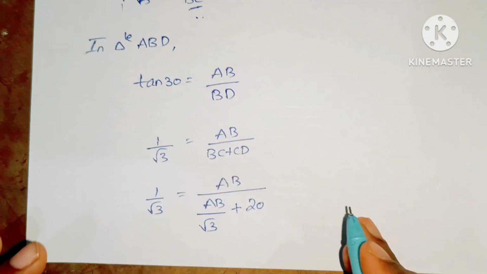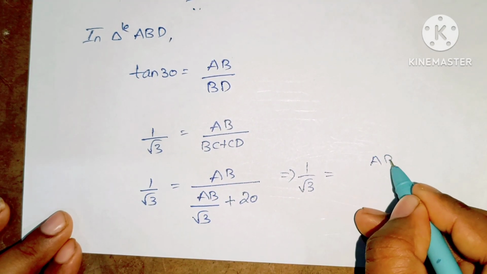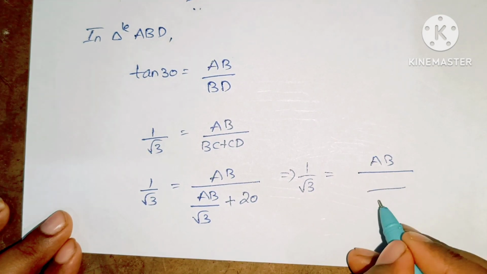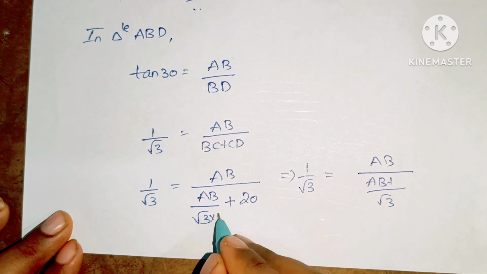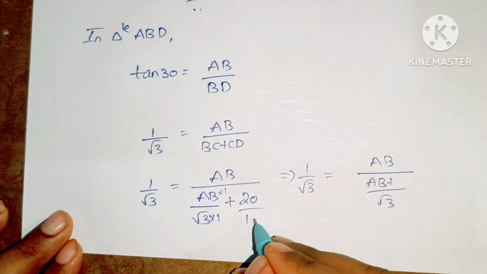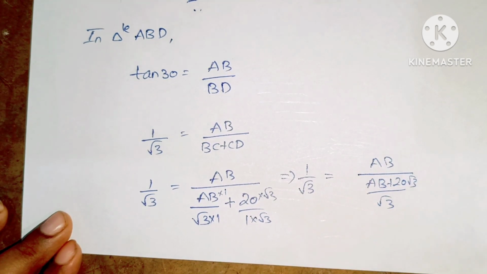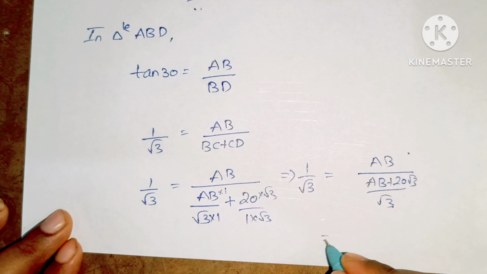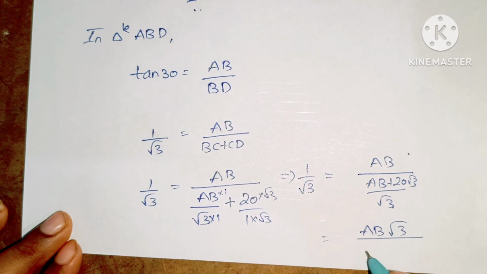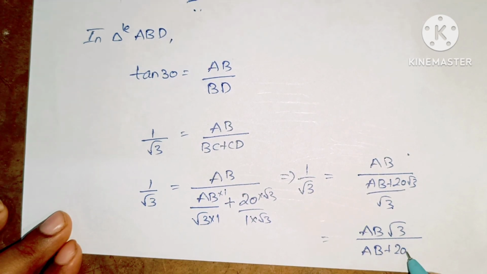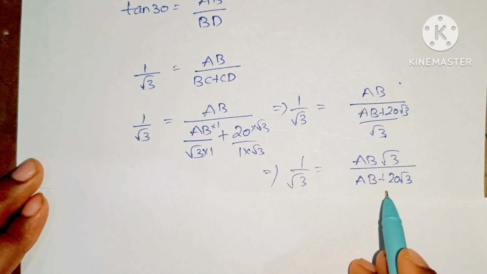Now what you will do? 1 by root 3 equal to AB by, take LCM. Root 3 AB plus 20 root 3. Here 1 into 1, and here 1 into root 3 into root 3, that means 20 root 3. So 1 by root 3 equal to AB root 3 by AB plus 20 root 3.